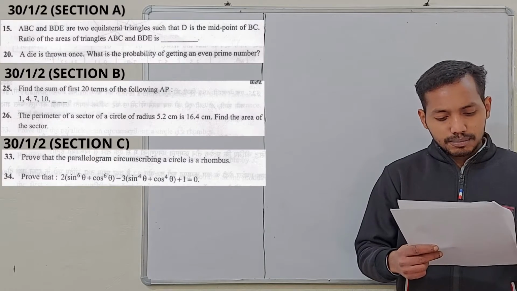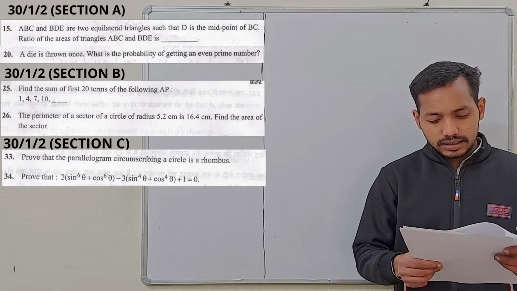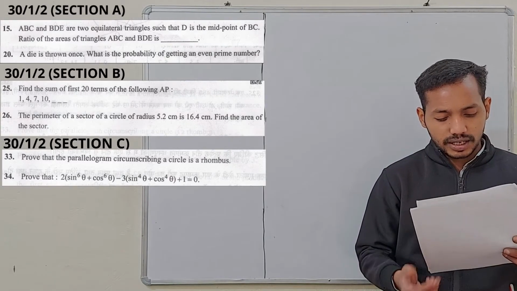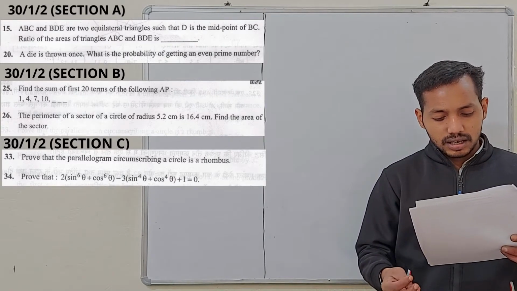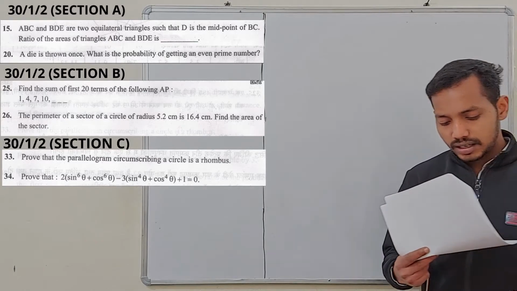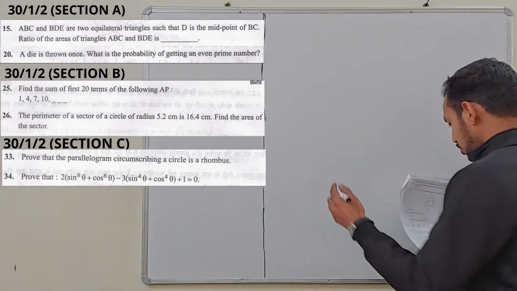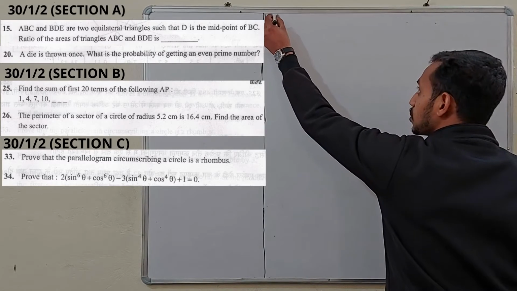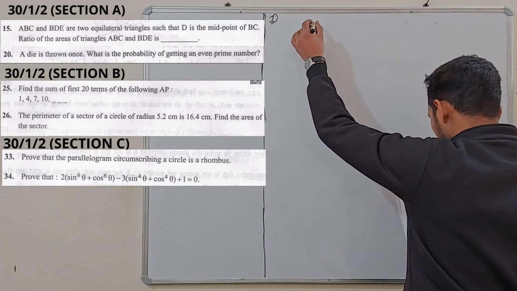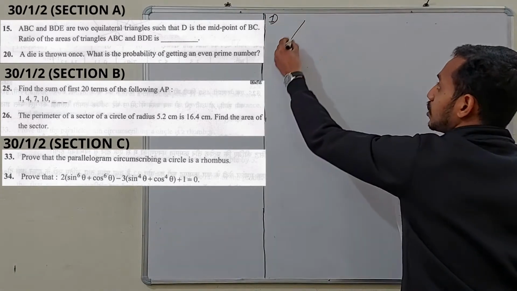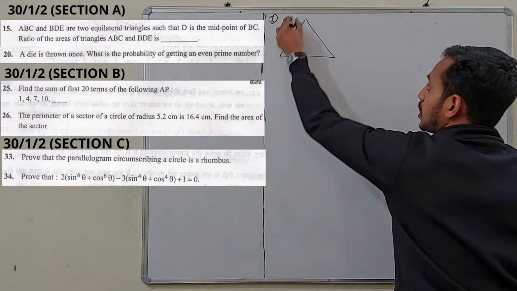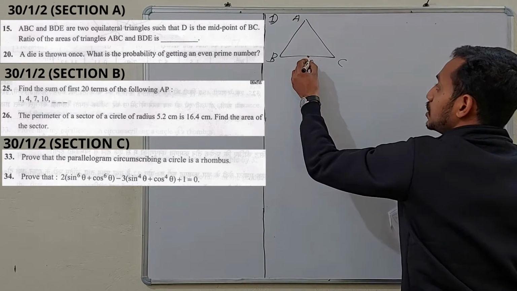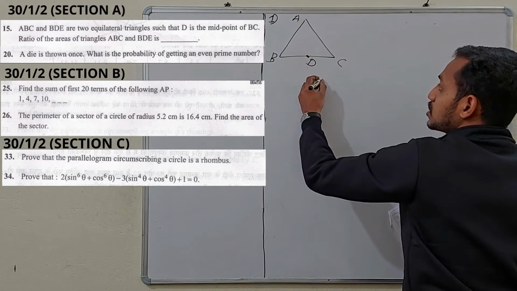Here ABC and BDE are two equilateral triangles such that D is the midpoint of BC. Find the ratio of the areas of triangles ABC and BDE. Given two equilateral triangles, ABC and BDE, and D is the midpoint of BC.